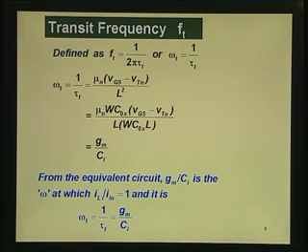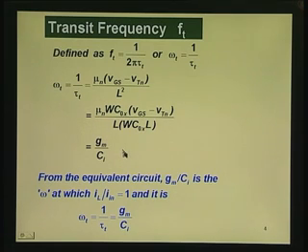Okay. And the transit frequency is actually the frequency at which the output current to the input current becomes equal to 1. That we saw yesterday, we derived it with respect to the equivalent circuit. So, you can see here the transit frequency f t into 2 pi, that is omega t, is defined as 1 by tau t, the transit time, that becomes ultimately equal to Gm by Ci.